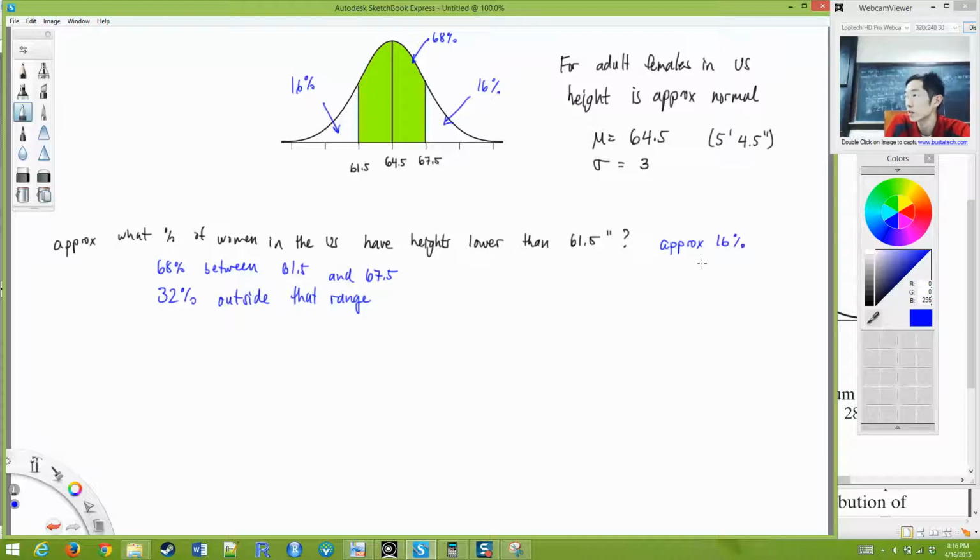Is everyone okay with that, or are there any questions? Okay, so then if I go 2 standard deviations above to 70.5, approximately how much would be out here?